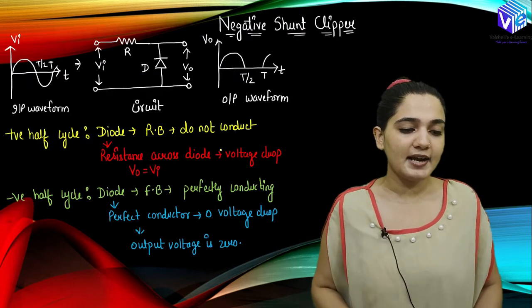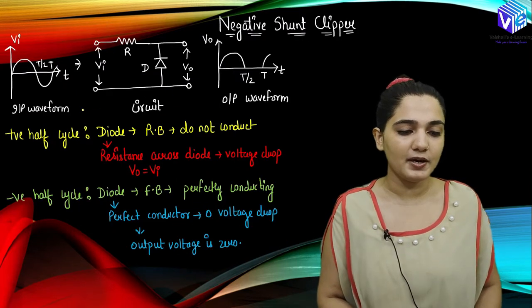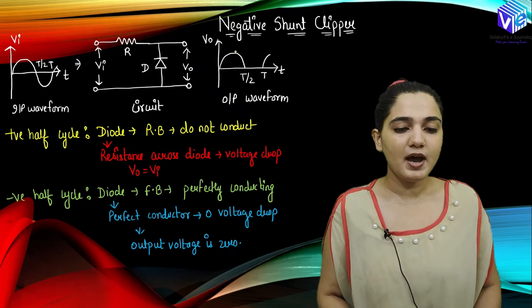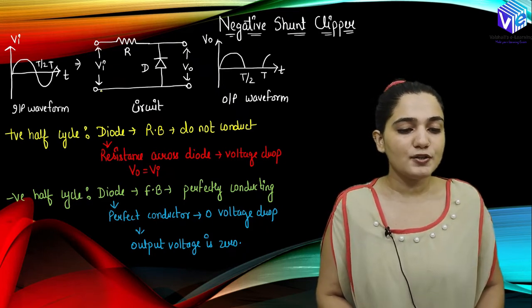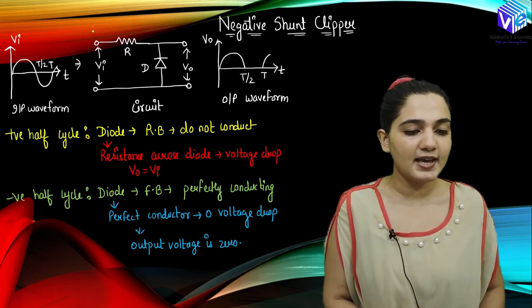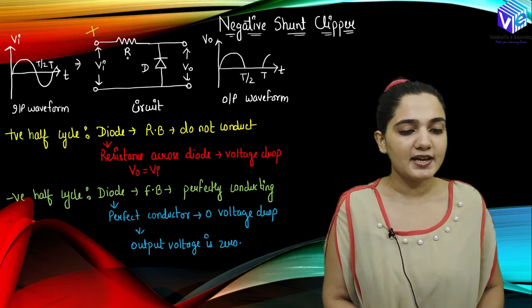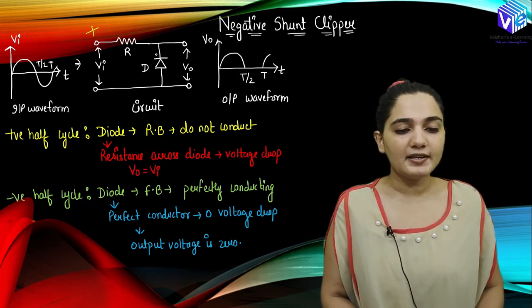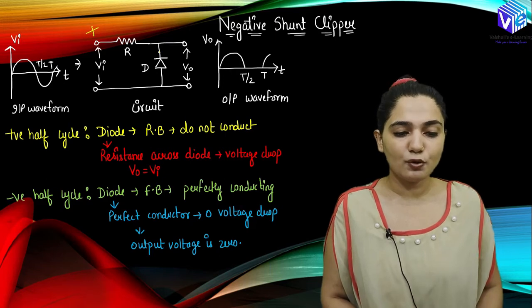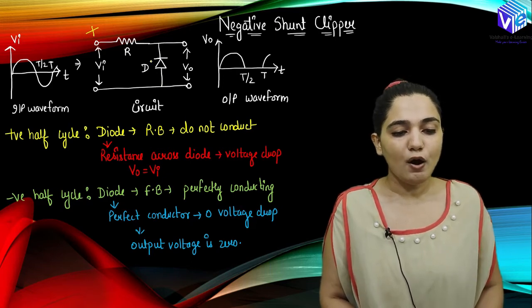So let's understand the operation of this clipper. This is the input waveform, and we will be getting only the positive part of the input. When we have the positive half cycle, you can see the diode becomes reverse biased. This is the N side, which is connected to the positive side of the battery. The diode is reverse biased, so this will be an open circuit, or we can assume it as a very high resistance.